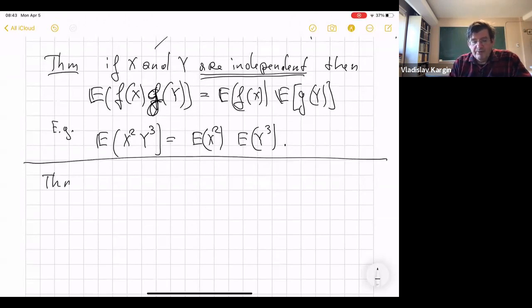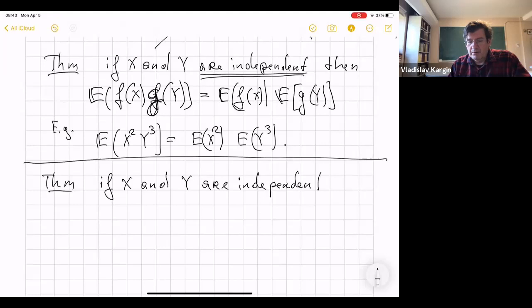So now we can actually prove it. This is a theorem which says that if x and y are independent, then the moment generating function of the sum x plus y at t is equal to m of x of t multiplied by m of y of t.